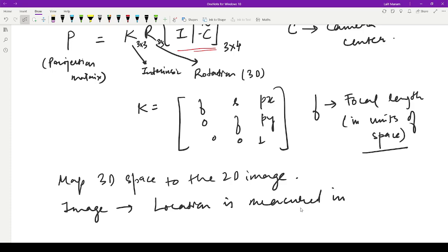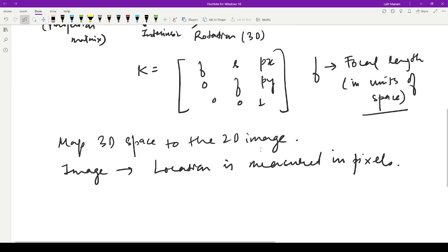Pixels, right? So instead of F, this was discussed in class. Alpha x is f times the number of sensors in the x direction.